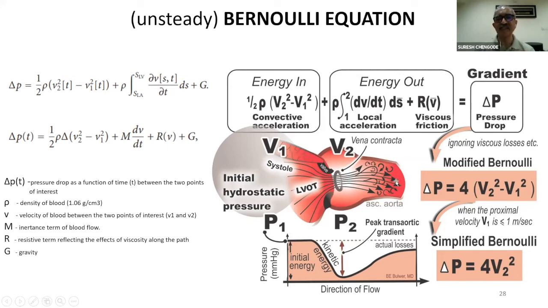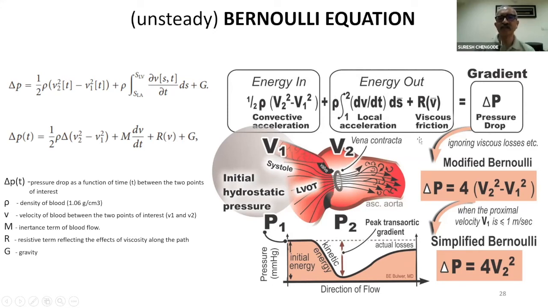Now you can see that at any point, especially in the LVOT, nowhere will you get a velocity which is less than 50 centimeters per second. So in fact, you can consider that local acceleration doesn't happen at any point in the cardiovascular system because of the inertance. So you can eliminate that also.